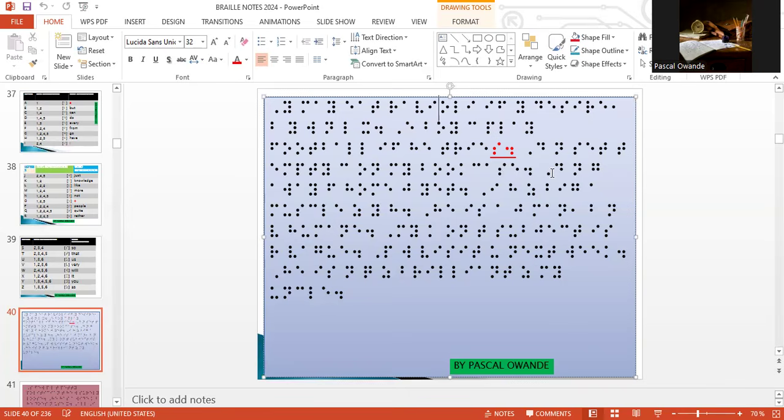Then we have dot 6 to show that the first letter here is capitalized. Do not, letter D, letter N, letter G. Do not go away.